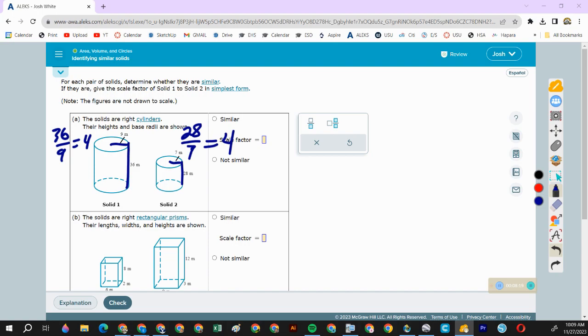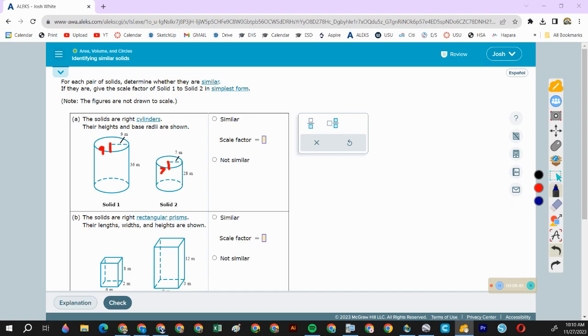The x direction and the y direction are proportional. So, oh, we also have to check the z direction. So we got to check this direction. And yes, that's going to be proportional. Actually, let's do it the other way. So this is 9, this is 7, 28.